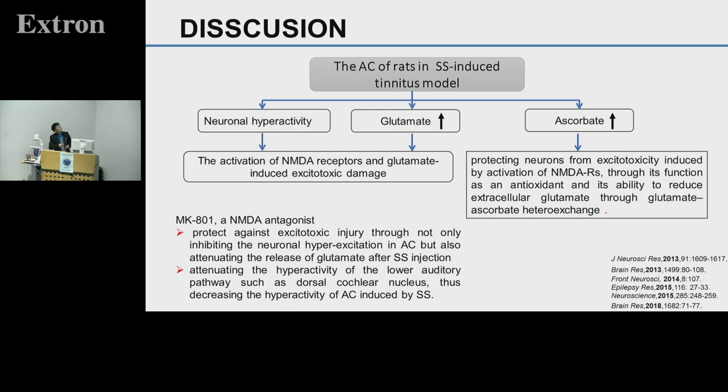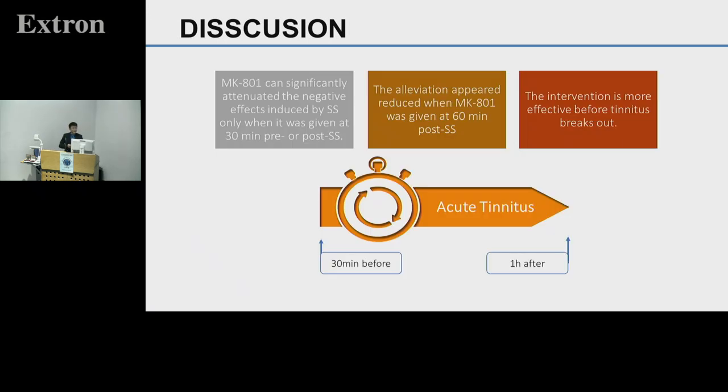But interestingly, we know that an NMDA antagonist also plays some role. We can see that MK801 can significantly attenuate the negative effects induced by salicylate, only when it was given 30 minutes before or after salicylate. If it is given 60 minutes after, the elevation is only apparently reduced.